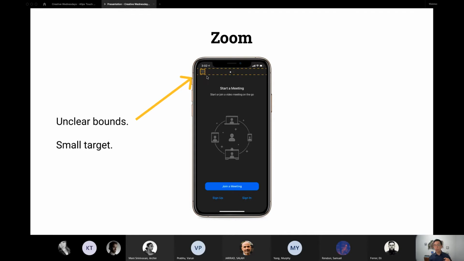It also provided opportunities for me to mess up and actually click on the time at the top left of the screen, which was more of the hardware, the iOS settings, that came down and brought my notification screen down. So again, because of the size, the position, and even the style, it wasn't clear to me where I needed to tap in order to get this to work successfully.